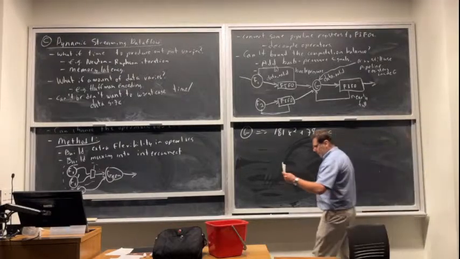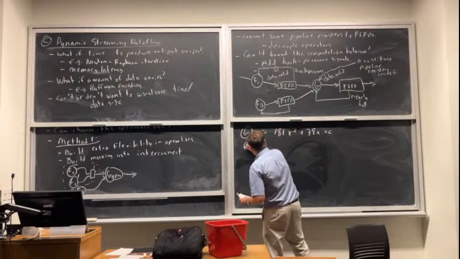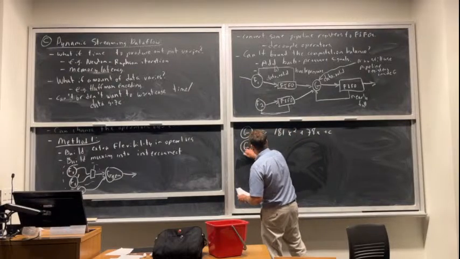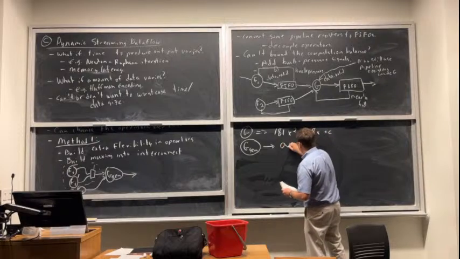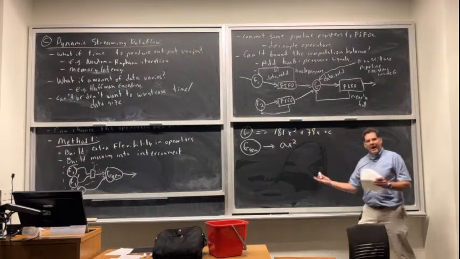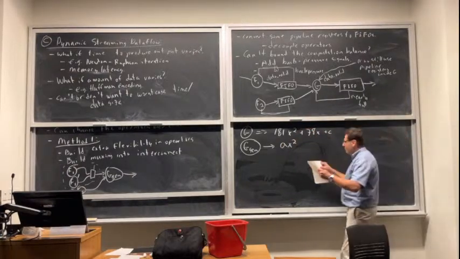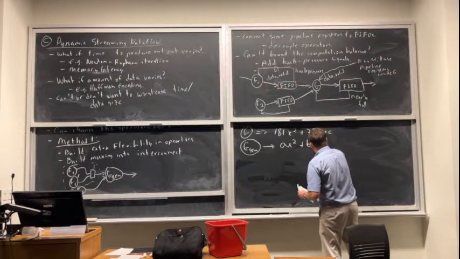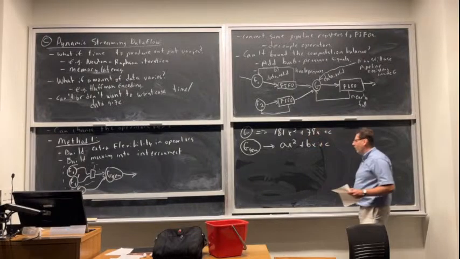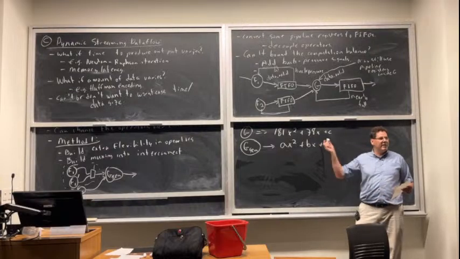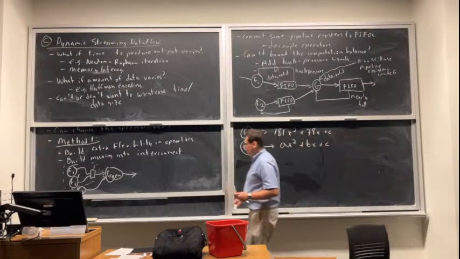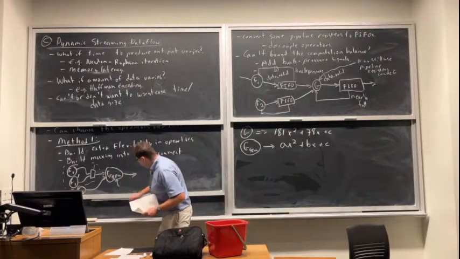I'm processing some data and I like that. But one of my signal processing engineers says, well, if we had a little more flexibility, we could change these coefficients. We could adapt to weather conditions in our wireless base station. So maybe we should make a more general operator where we have these constants and we can just send them in. We get some extra inputs to this and we can change A, B, and C.